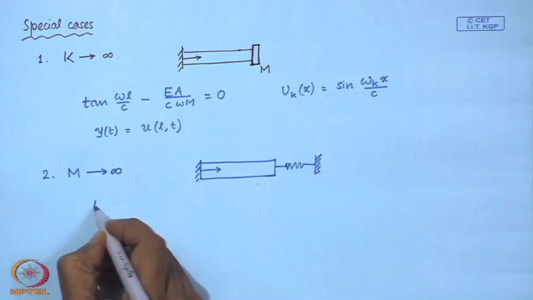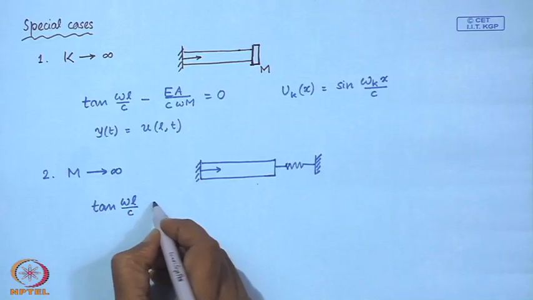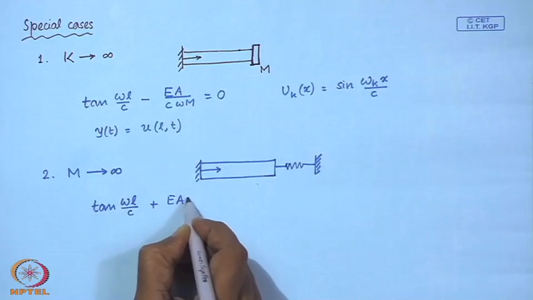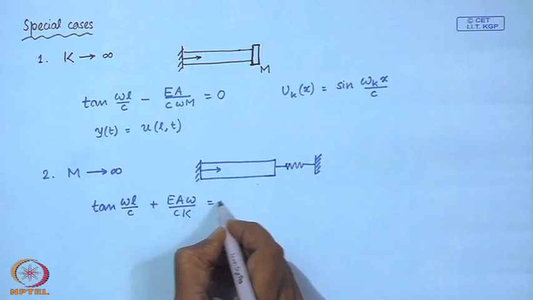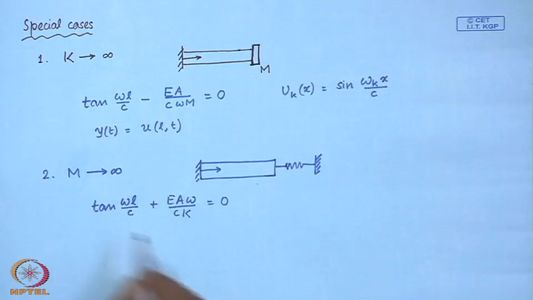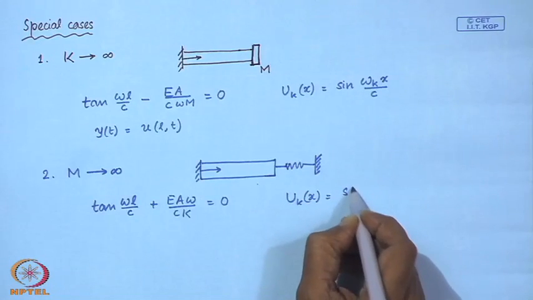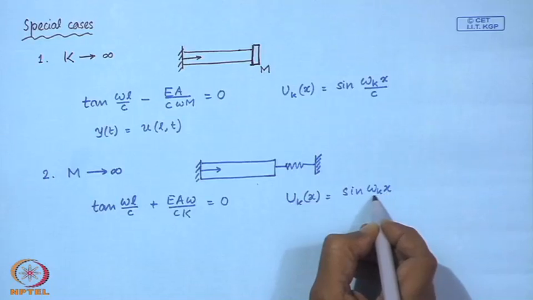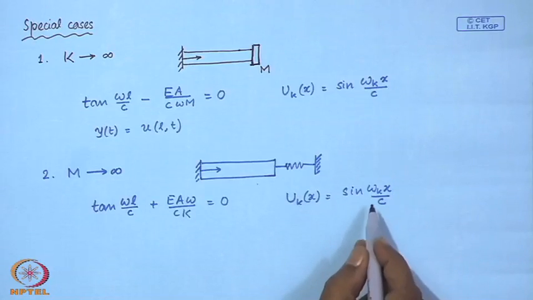In this case, the characteristic equation simplifies to this form, and the corresponding eigenfunctions are again of the same form.